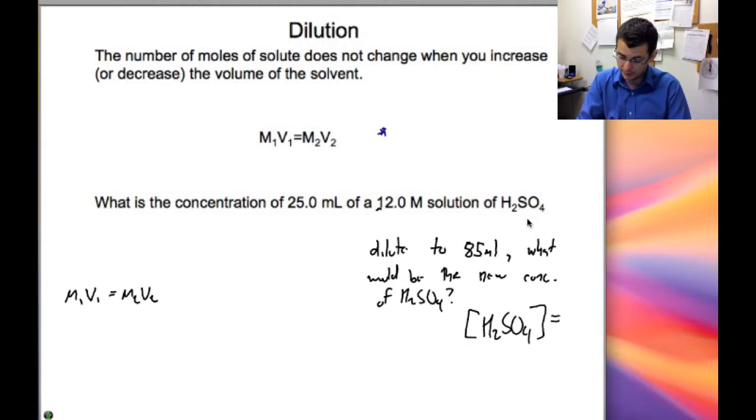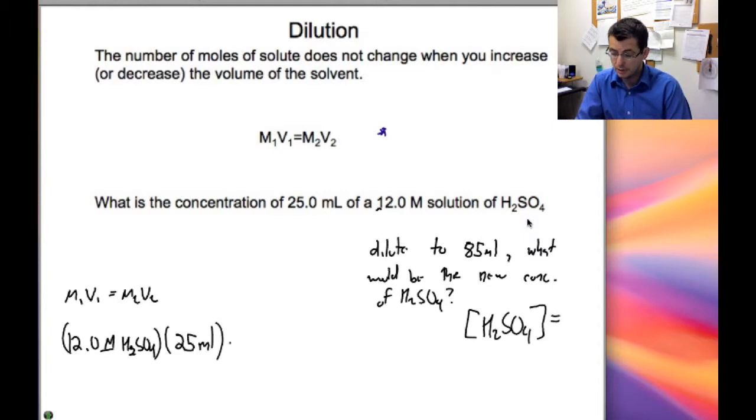So we know that this is a 12 molar solution of H2SO4 that is 25 milliliters, and it was equal to a new solution that's 85 milliliters times its concentration, our unknown concentration.